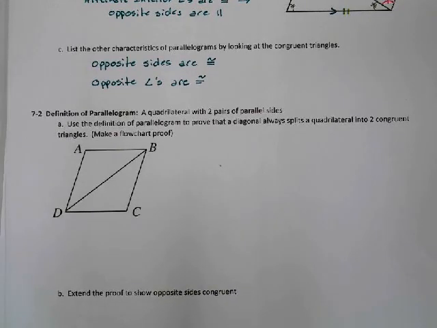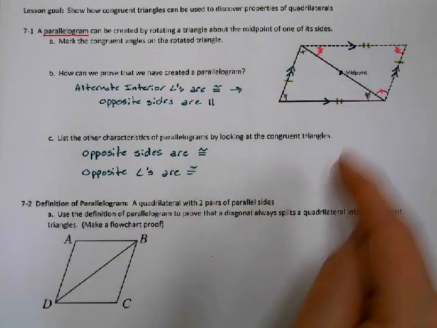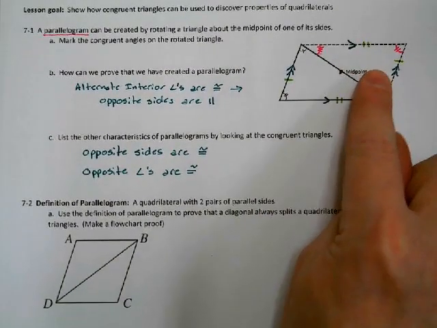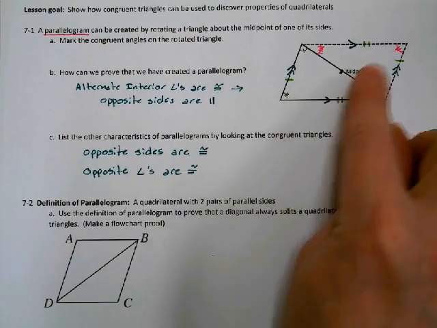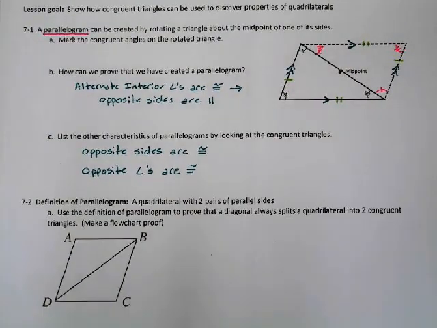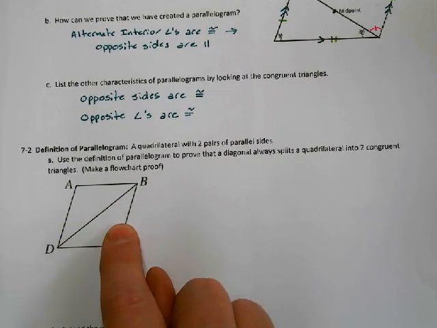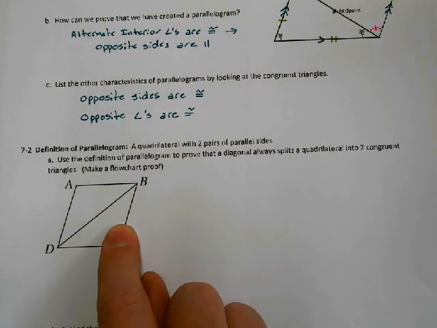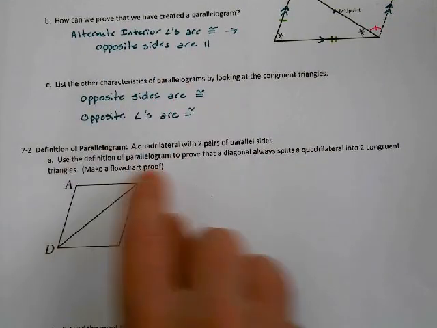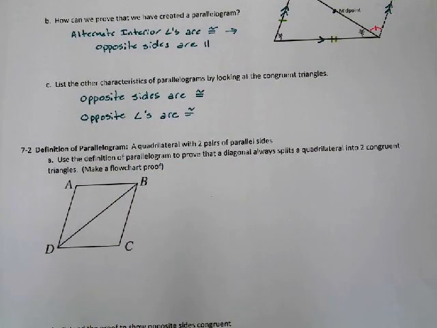Now, we think that's happening because that's what we did up here. We rotated it, and it looked like those 2 congruent triangles actually made a parallelogram. So now we're going to prove that these 2 are actually congruent triangles. And if they are congruent triangles, then all this stuff that we were working on down here is actually true.